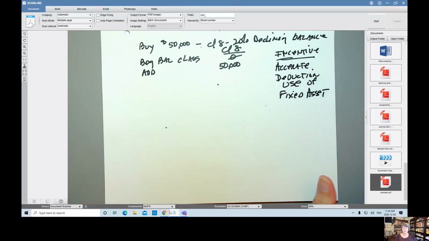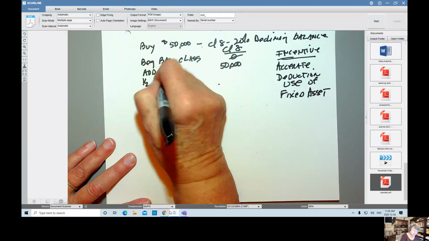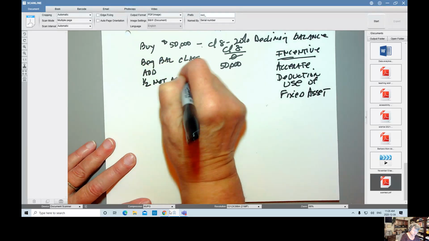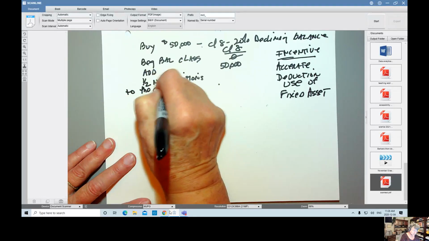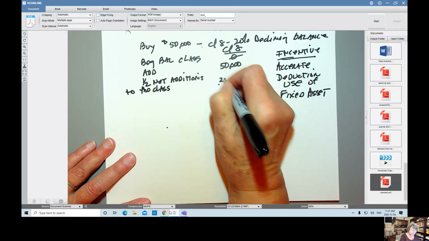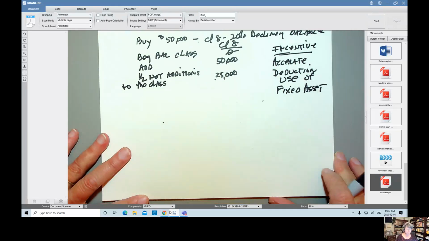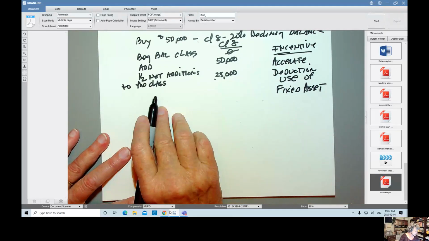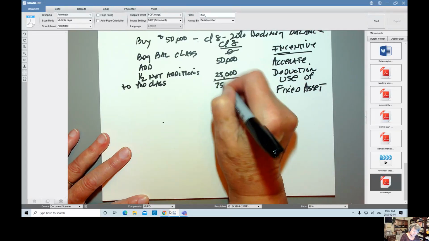And the nature of that acceleration is that in the first year, you basically get 1.5 times your normal CCA. And the way they do that is you then take 1/2 of any net additions to the class. In this case, that would be 25,000. And we'll look at the netting concept in a few minutes. So we take 1/2 the net additions, and that gives us 75,000 total.